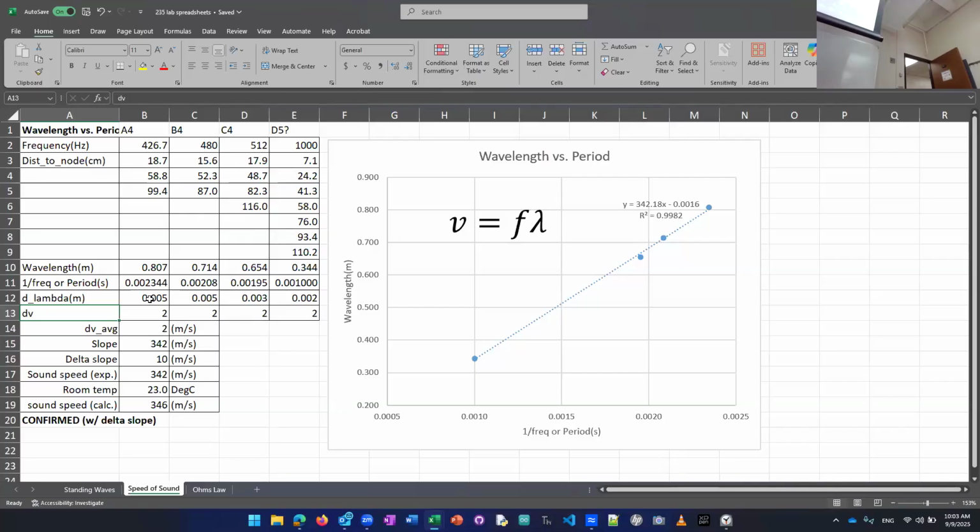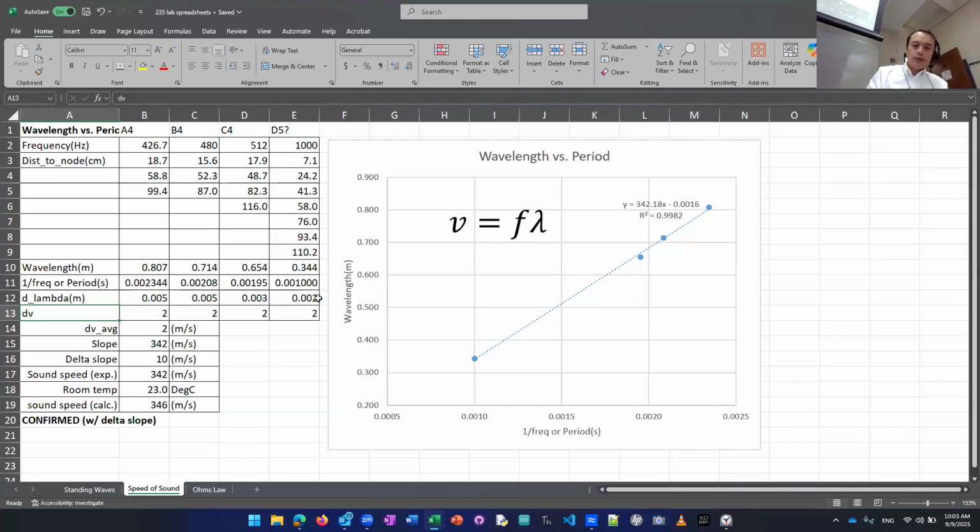The delta, the little fish thing there, it's called delta. That's a lowercase delta. Delta V equals a big square root times V. So what this is, it is actually telling you the speed of sound calculation uncertainty based on just one tuning fork with one wavelength and one frequency. So I'll type this up.